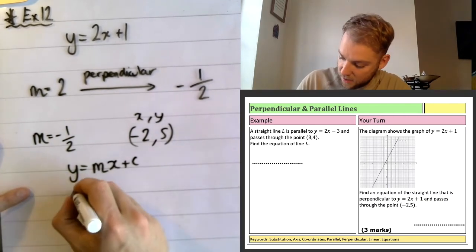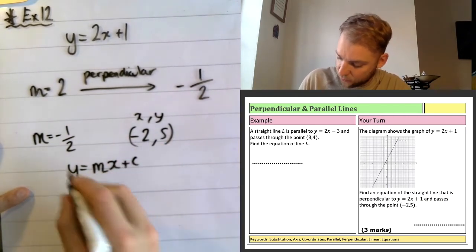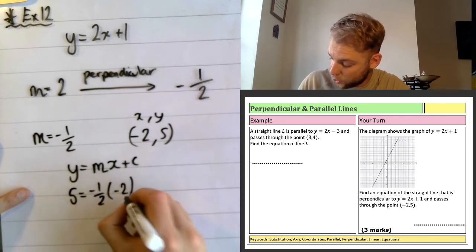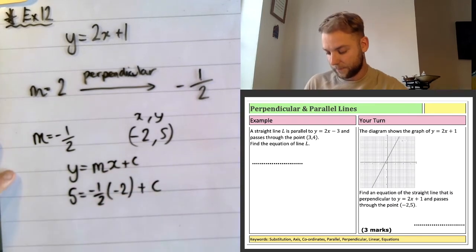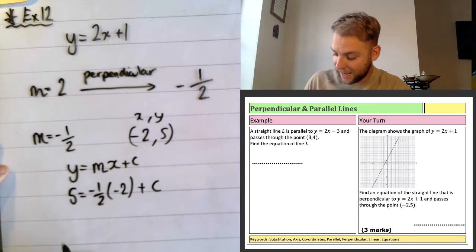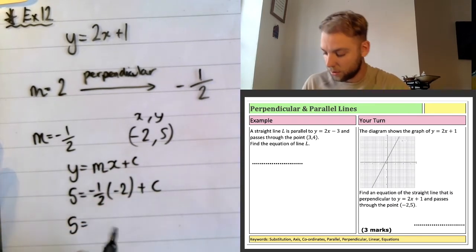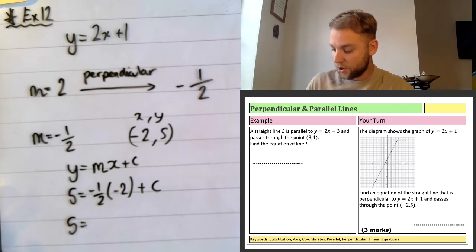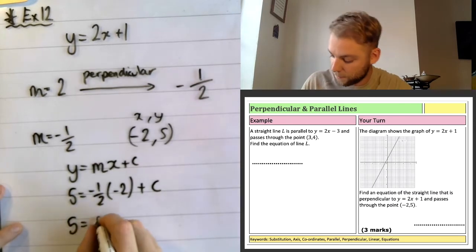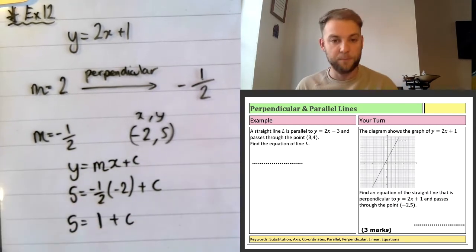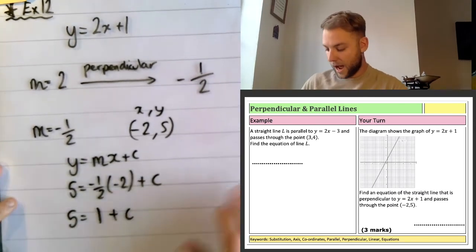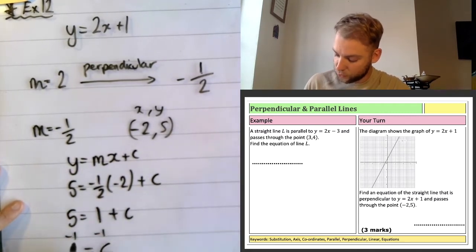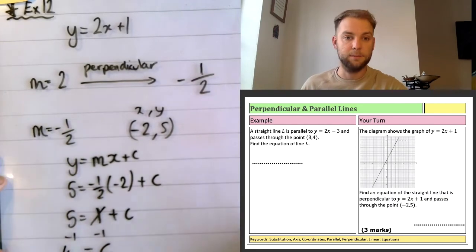So here, 5 is equal to negative a half times negative 2 plus c. Now a negative half times negative 2, you can do that on your calculator if you want. Half of 2 is 1. Negative times a negative is a positive. So a negative half times negative 2 is positive 1, like so. Brilliant. And then subtract 1, c is equal to 4 in this case.